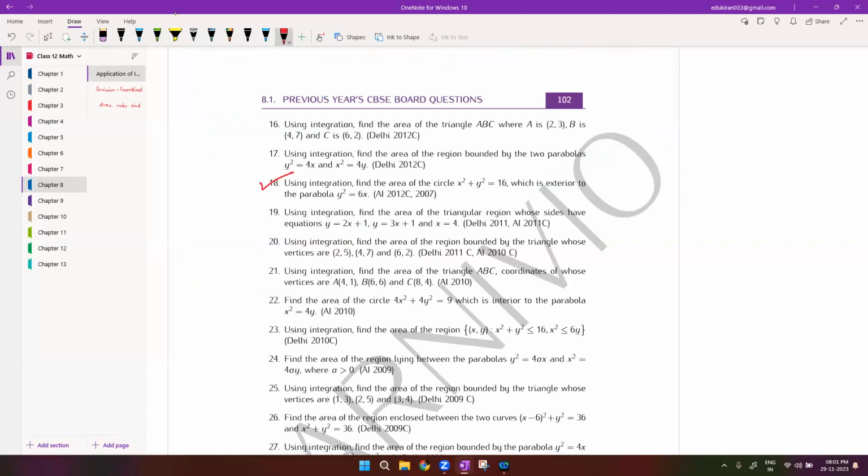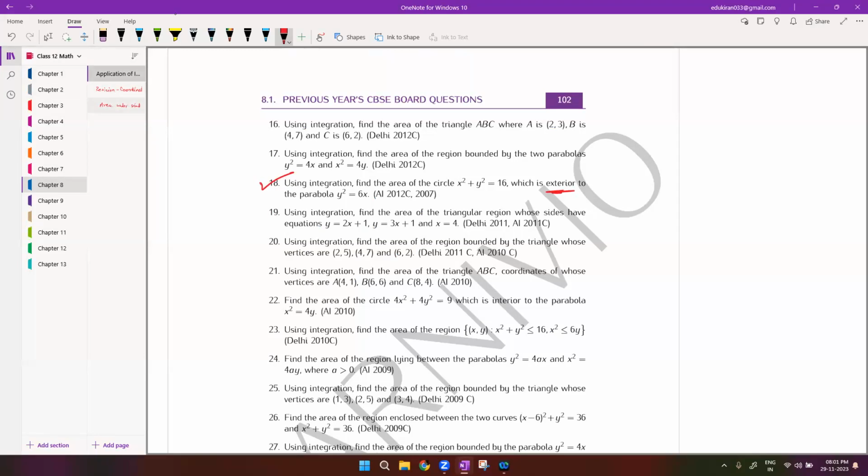Exterior बोला है वैसे तो, but let's check. So find the area of the circle x square plus y square is equal to 16, which is exterior to the parabola y square is equal to 6x.